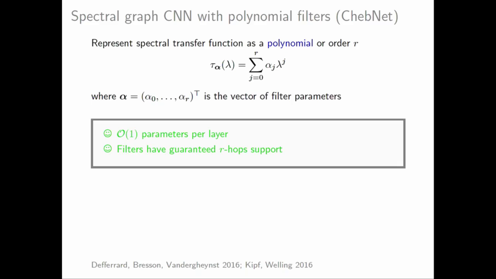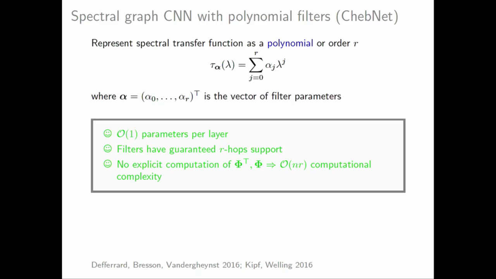And that's because the Laplacian is a local operator. Application of a Laplacian to a function on the graph affects only its direct neighbors. So if we apply an Rth power of the Laplacian, we affect only neighbors of neighbors removed R times. So basically, we get guaranteed local filters. We also don't need to explicitly compute the eigenvectors and eigenvalues of the Laplacian.